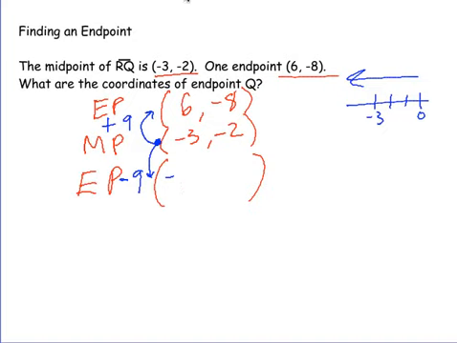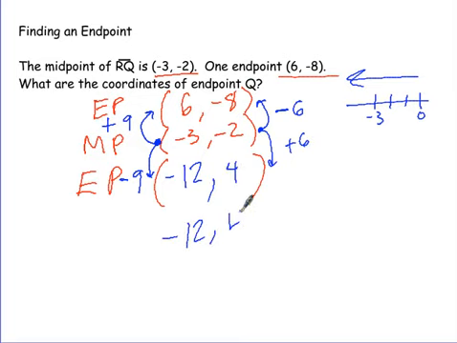Shoot, I hope I didn't do that other problem wrong. -12. And then here I start at -2. I go down to -8. I go down 6. So from here I'm going to go up 6. 6 minus 2 is 4, and my answer is -12, 4. If you still aren't sure about this, go ahead and rewatch the video.